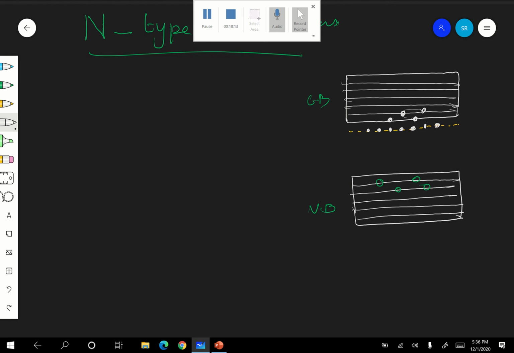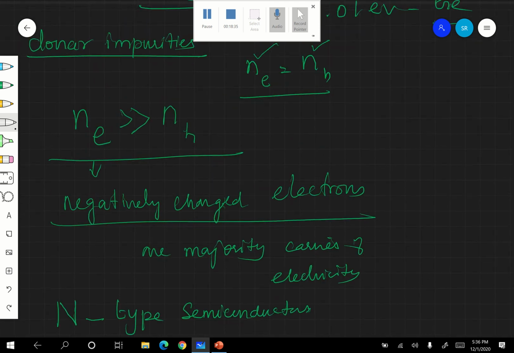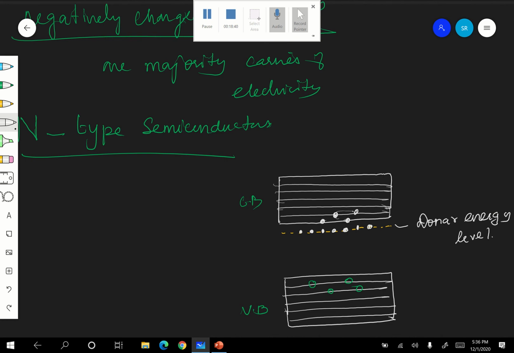The extra energy level created is the donor energy level, or state. Why? Because every impurity atom is donating one electron, and all these electrons lie in this donor energy level, which is created just below the conduction band.